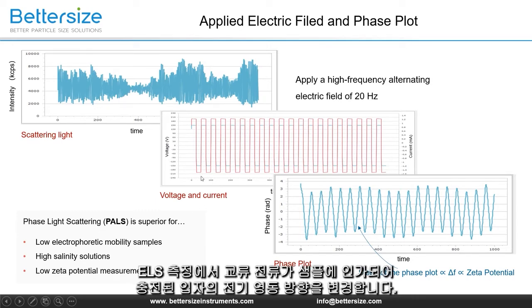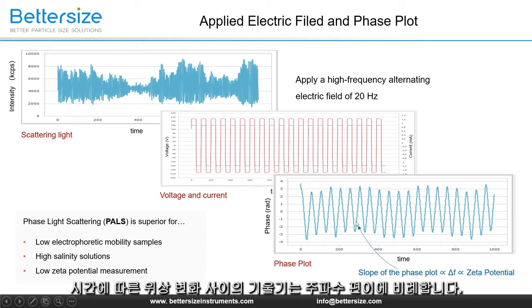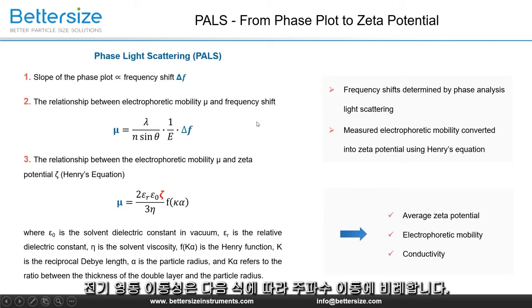In an ELS measurement, an alternating current is applied to the sample to alternately change the electrophoresis directions of charged particles. PALS detects the changes in phases of scattered light with respect to time. The slope of the phase change in time is proportional to the frequency shift, and the electrophoretic mobility is proportional to the frequency shift as well, according to the equation.